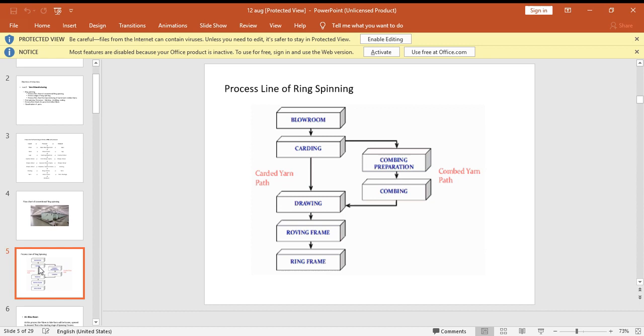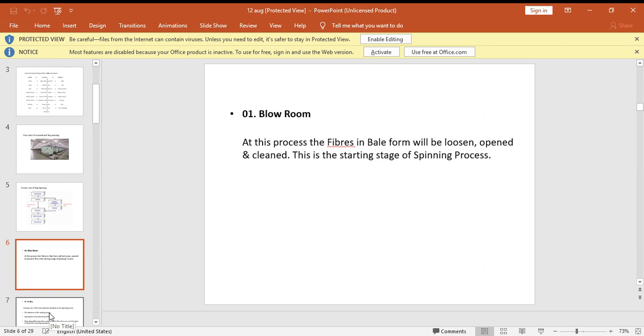First is blow room to carding, carding to draw frame, then roving to ring frame. Again from carding we can go for combing production, to combing, again to drawing, then drawing to roving to ring frame. So this is the process line of ring spinning.